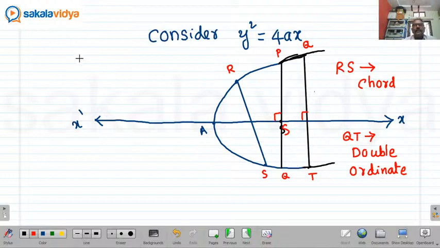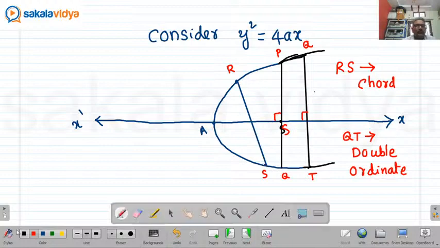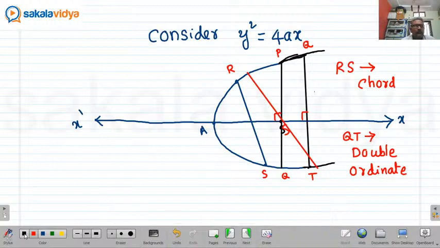Whereas this, so you draw one more line also, I will tell you. You draw like this. This point is, say, UV.